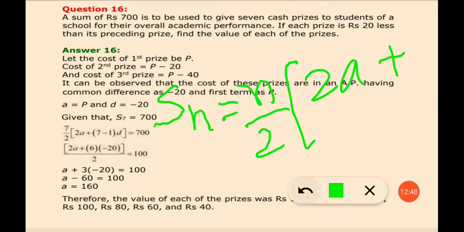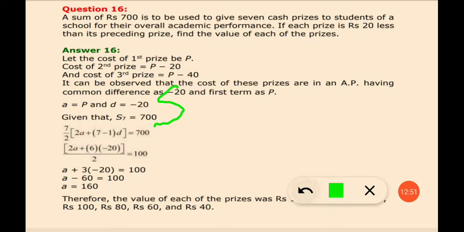After substitution you will get the equation like this: 7 by 2 into 2a plus 7 minus 1 times d equals 700, and again d is known to us, so we will substitute that value also. With a little bit of solving we get 2a plus 6 into minus 20 is equal to 200, and on further solving we get a is equal to 160.